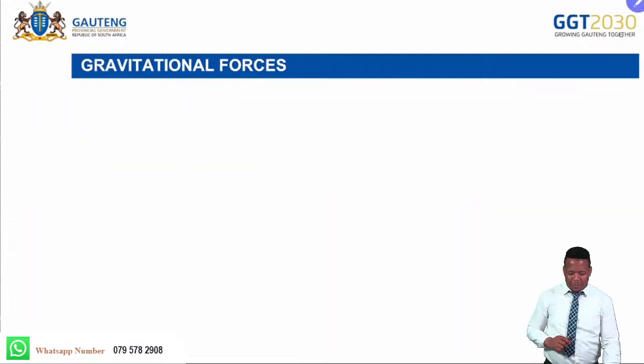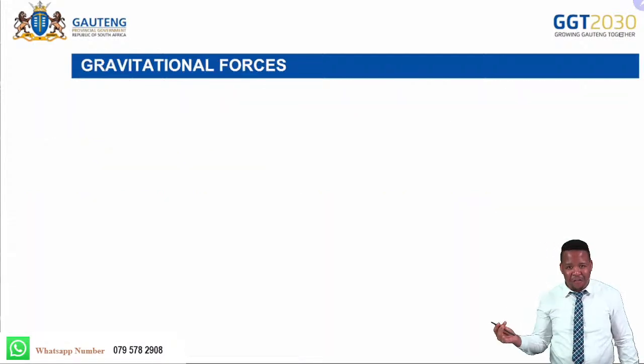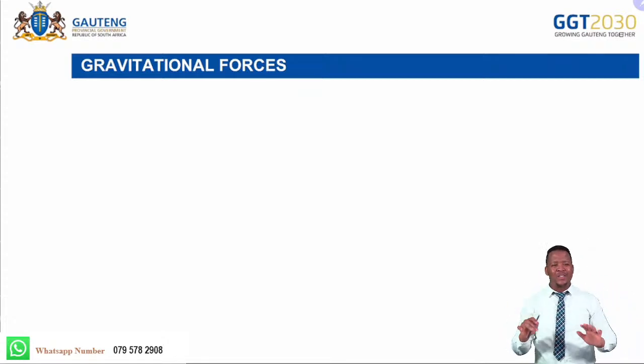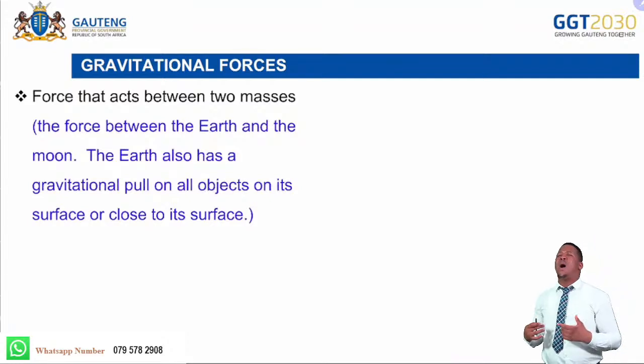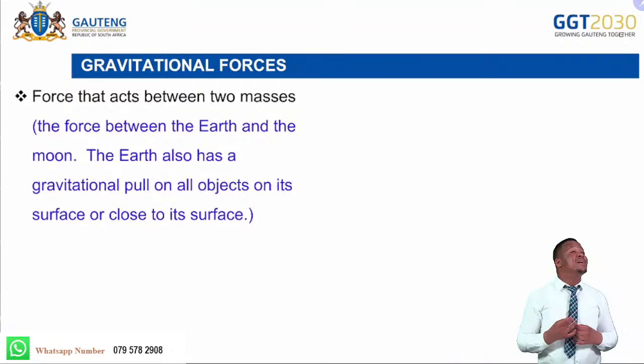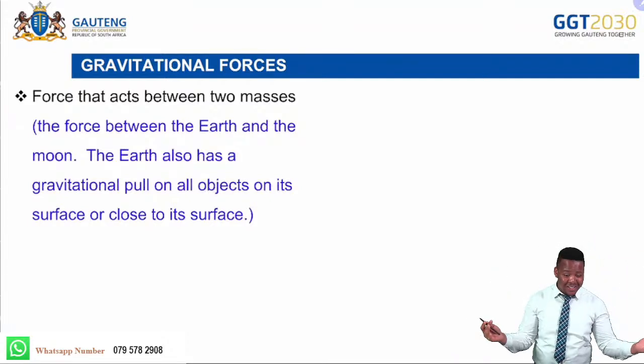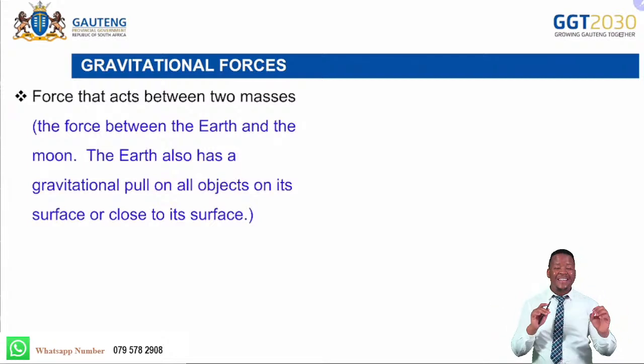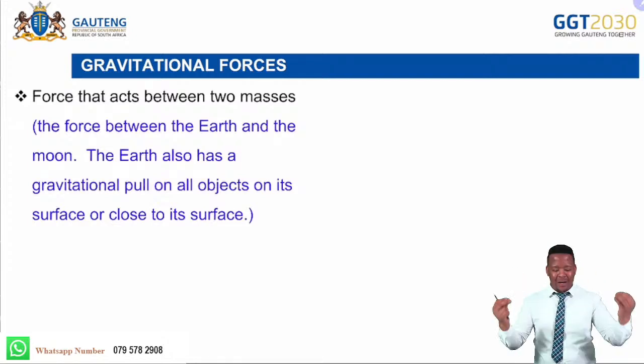Moving right along, gravitational force, which is our first example of non-contact force. So what do we know about the gravitational force? Some call it the force of gravity. A gravitational force is a force that acts between two masses.